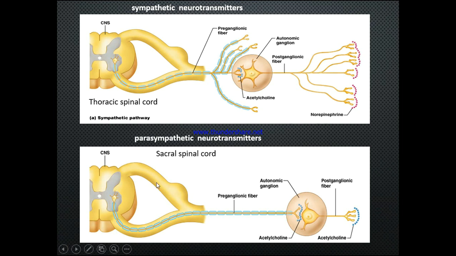This was the thoracic region; this is the sacral spinal cord. We can see the parasympathetic neurotransmission, as we said, coming from S2, 3 and 4. We're going to have these preganglionic fibres, the autonomic ganglion, acetylcholine release again, and then the postganglionic fibre, much shorter as opposed to the sympathetic.